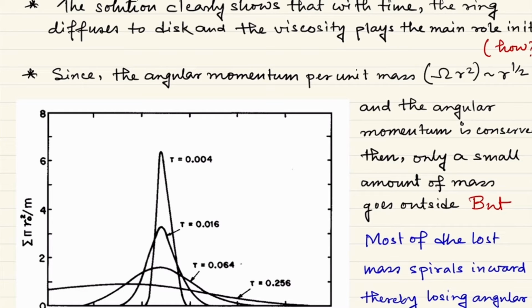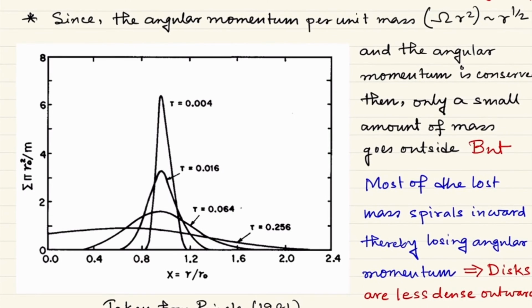And that's why we conclude that most of the lost mass actually spirals inward, thereby losing angular momentum, and only a very few percent of the lost mass goes outward. And that's why the disks are less dense outward, and that's exactly what you can see here. So this is the sigma. The sigma is getting less and less when you go more and more away from the accretion disk center. So that is something.